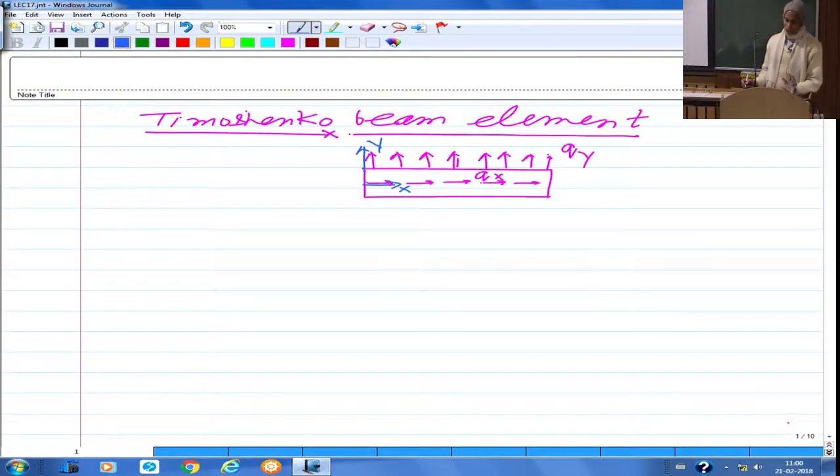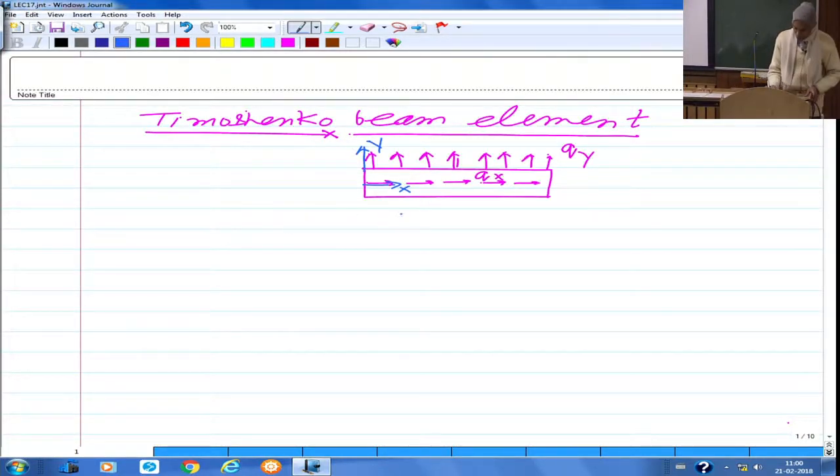Now if there are no axial forces, no distributed axial force and no concentrated axial force, then U naught would be 0. Then the variables you will have are only V and theta z. For a two noded element you will have only 4 elemental degrees of freedom, so your matrices would be 4 by 4 and so on. From the Timoshenko theory based frame element, you can always get to the Timoshenko beam element without axial displacement degrees of freedom. So that was one question.